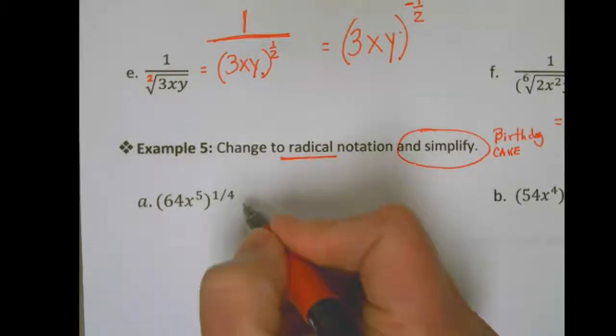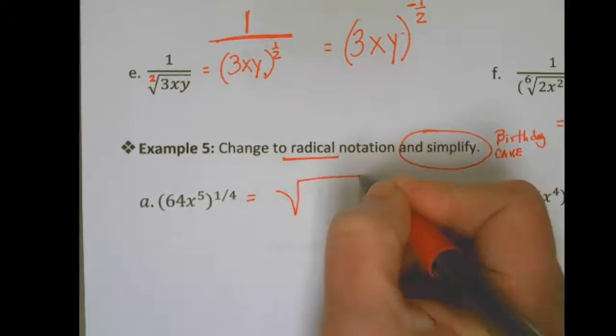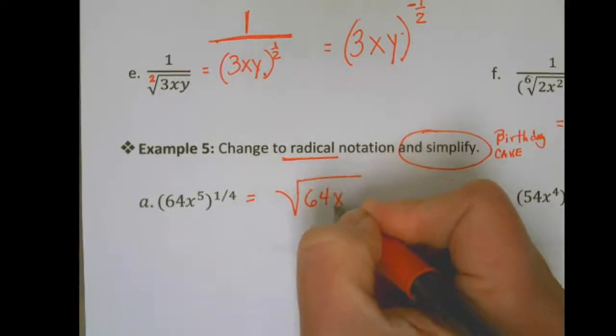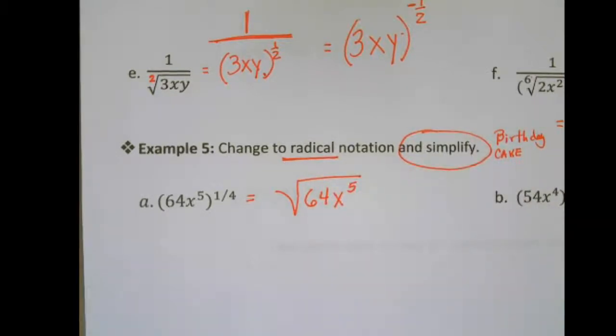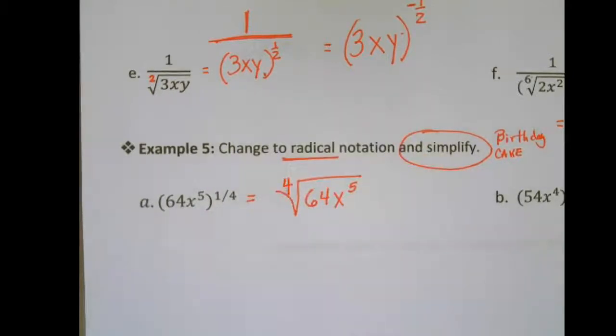First, I'm going to change it to radical form. The 64x to the 5th power goes under the radical, and this 4 becomes the index. The previous instructions just said rewrite. That's all we were doing. This adds something, and simplify.